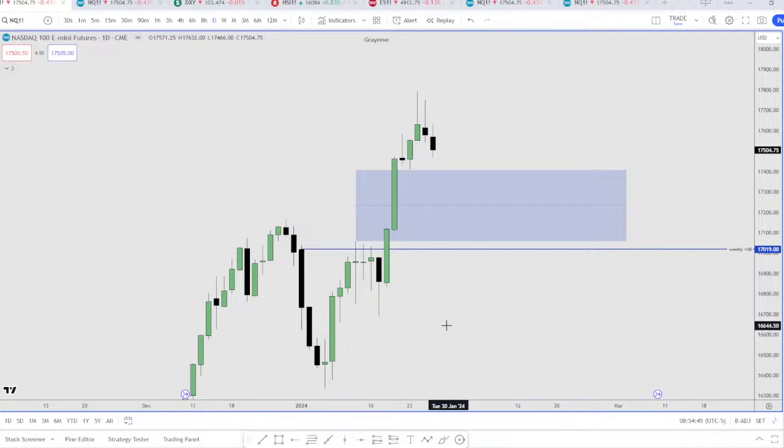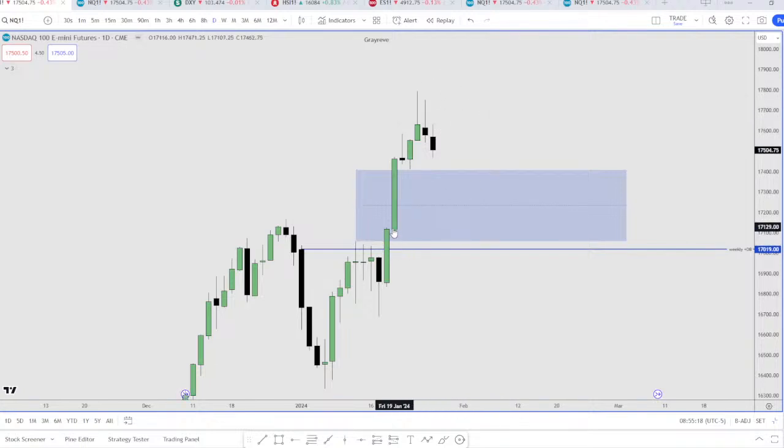Now on the daily time frame, we have this swing low here, and we have this level here, and this small little inefficiency that is within that weekly fair value gap, and then we have this order block down here. So this right here, to me, looks like a more probable area to look for longs for continuation higher.